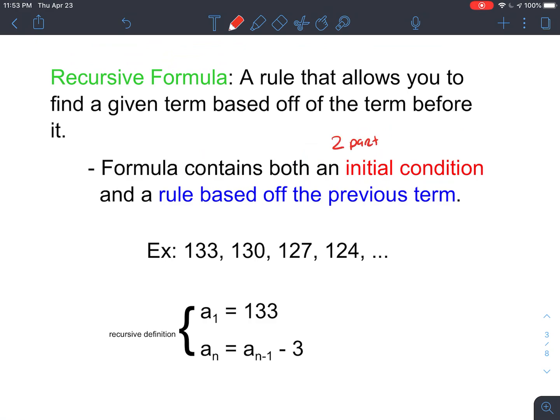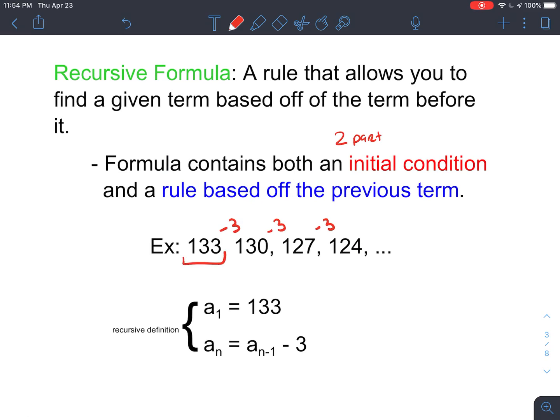Now the recursive formula always has two parts. It has what we call an initial condition, or the first term, the one that is defined, and a rule based off of the previous term. So as an example, I have 133, 130, 127, 124. Hopefully you see that this is subtracting 3 from one term to the other.